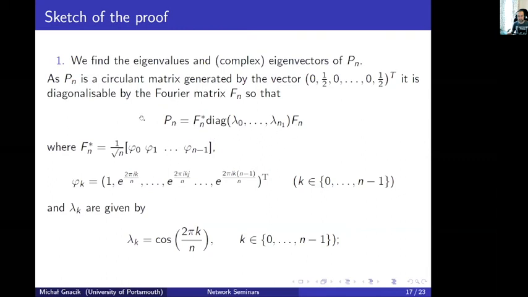If we take our Pn, we get complex eigenvectors, and because of the nature of our problem, we would like to have real rather than complex. Of course, you can also obtain the eigenvalues that correspond to it. So we can write that Pn has this particular form.